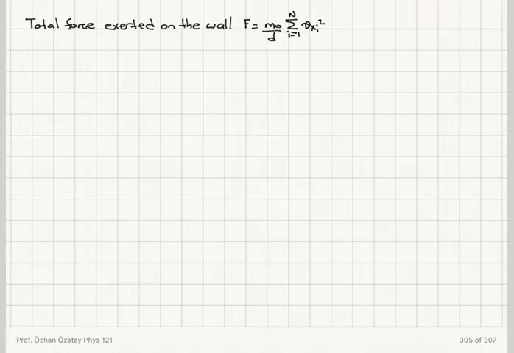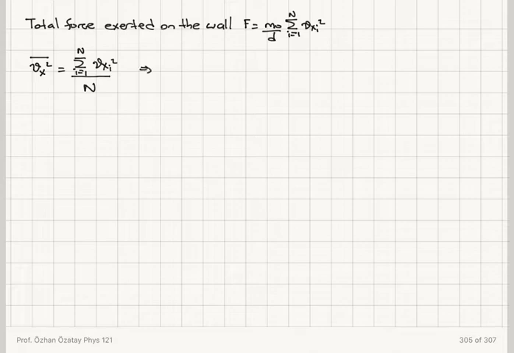So I can calculate the average value of vx squared. It is the sum from 1 to N of vxi squared: for all molecules, I take their x components of the velocities, square them, add them up, and divide by N. So this gives me the average of vx squared.